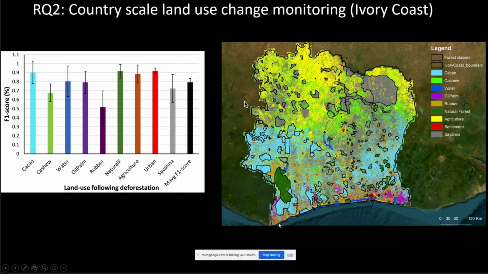You can also see that most of the commodity crops such as oil palm and rubber are in the very southern part of the country. We also have these polygons with black boundaries. These are forest classes, defined as forest by the government.